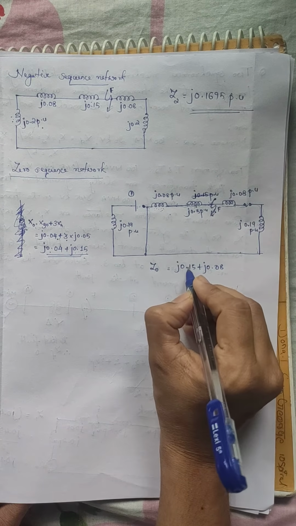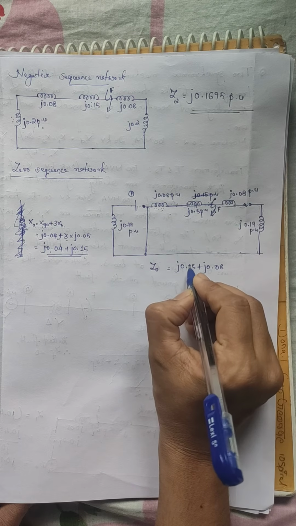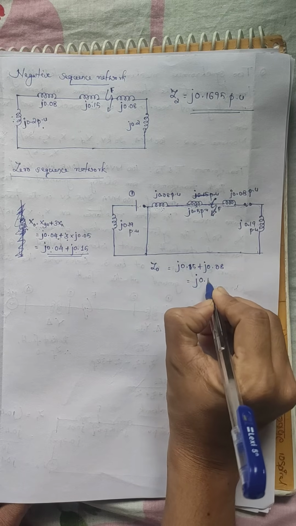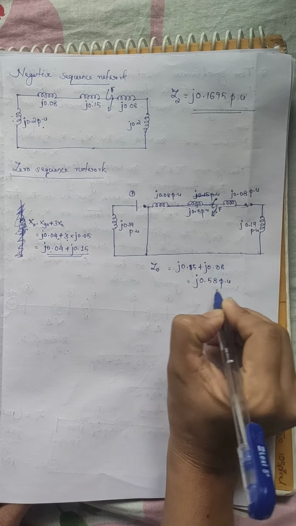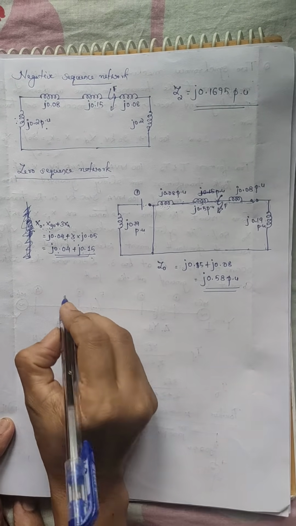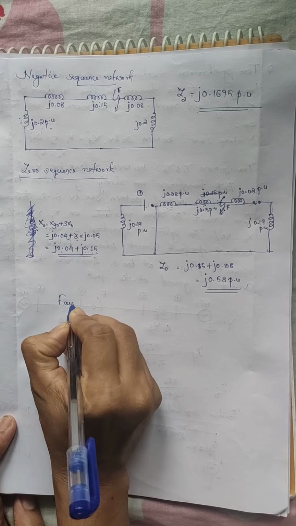So J0.5 plus J0.08 equals J0.58 per unit. So we got Z0, Z1 and Z2. Then we can calculate the fault current.